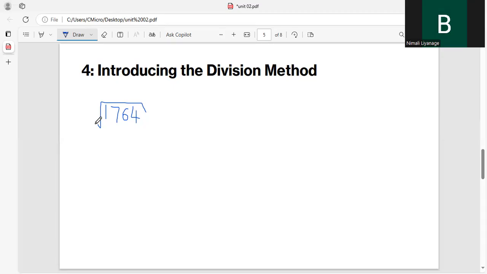Step 2: find the largest number whose square is less than or equal to the first group.